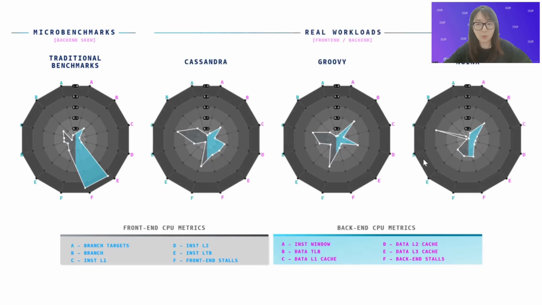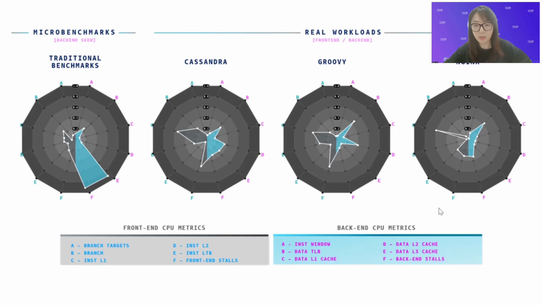This slide demonstrates something critical: how Graviton performs not just in benchmarks, but in real-world applications. As just explained, each radar chart compares front-end and back-end CPU metrics. The gray area on the left shows the front-end CPU sensitivity, how much the workload depends on branch prediction, instruction cache, and pipeline performance.